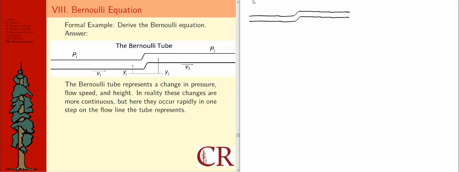Then let me label some of these quantities: the pressures P1 and P2, the flow speeds V1 and V2, and then we also have the heights, so I can draw here that 0 height line, and an arrow for Y1 and another arrow, slightly longer, for Y2.